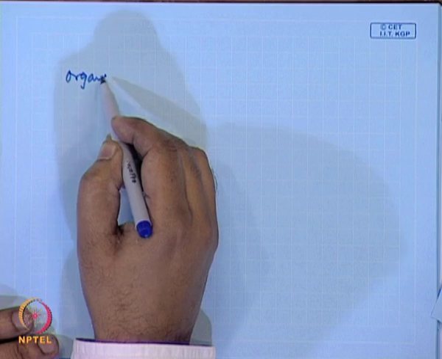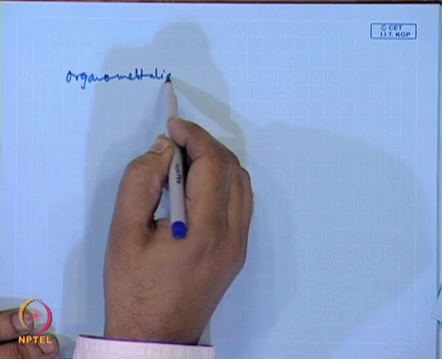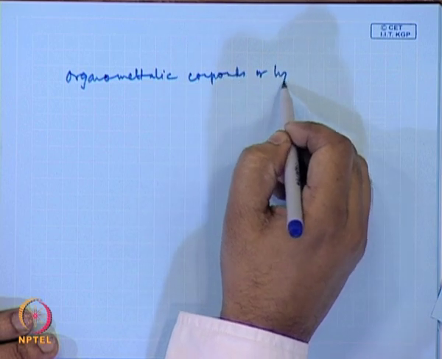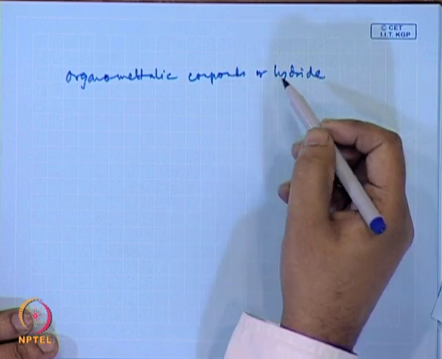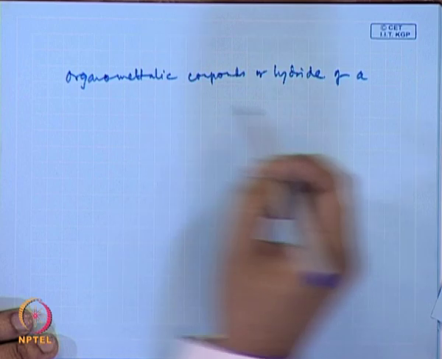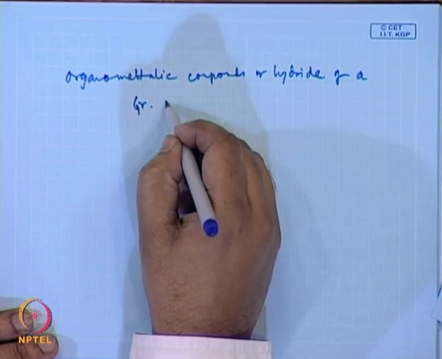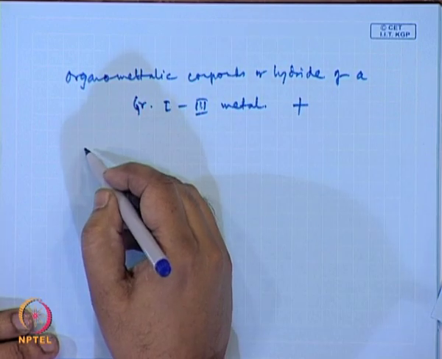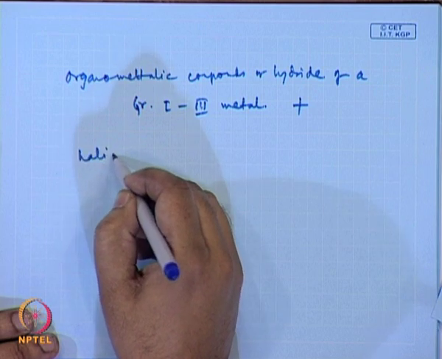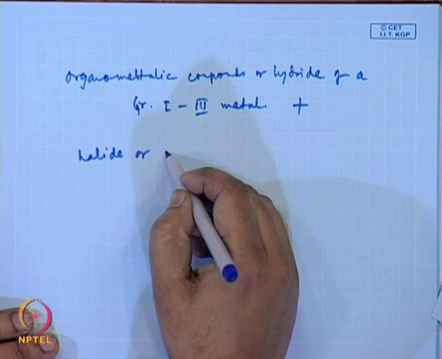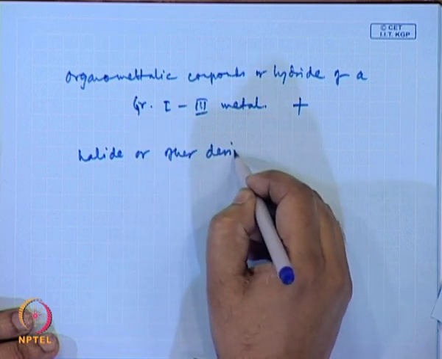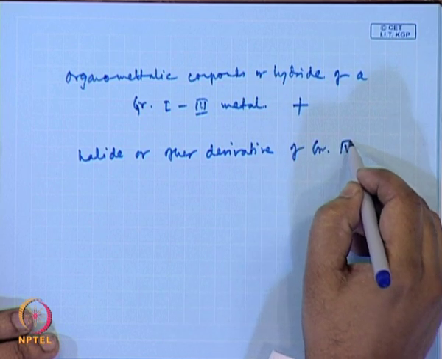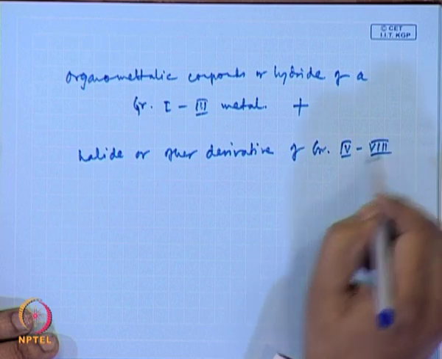So, organo compounds or hydrides of a group 1 to 3 metal, plus a halide or other derivatives of group 4 to 8 transition metals.